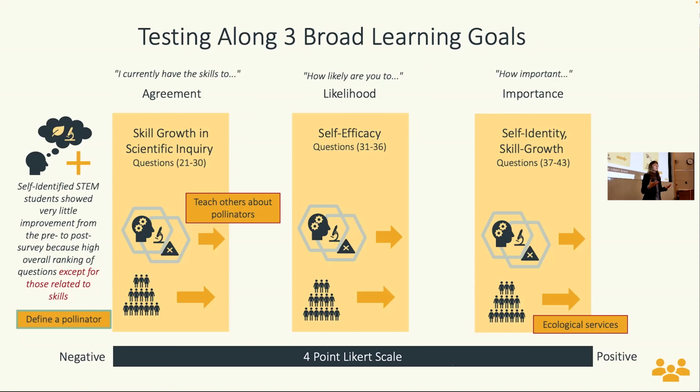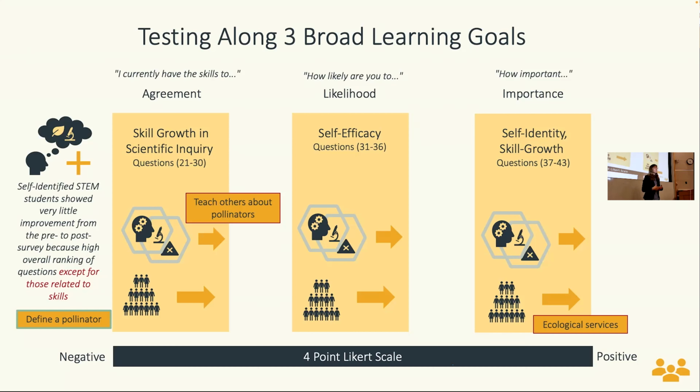And so when we looked at the self-identified non-STEM, we also found this positive shift across all of these different learning goals. For our self-identified STEM majors, we found very little improvement, and that was because they were already ranking things really positively.